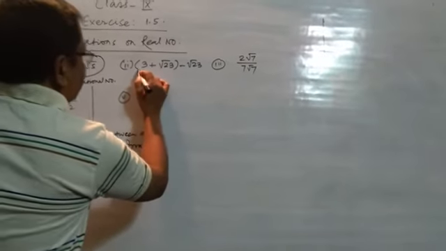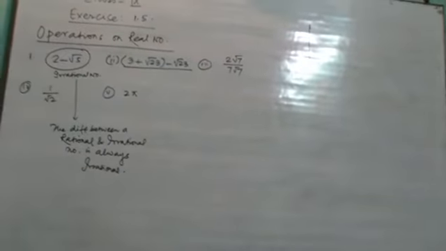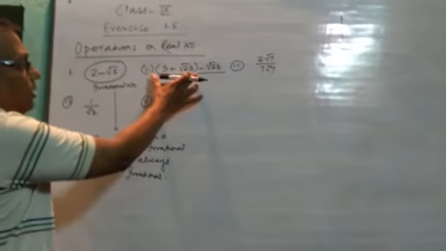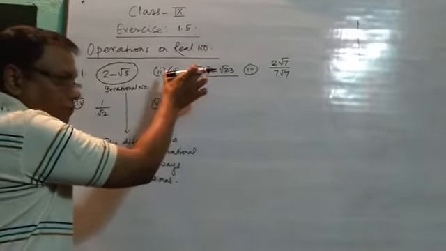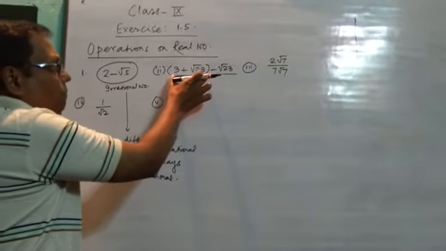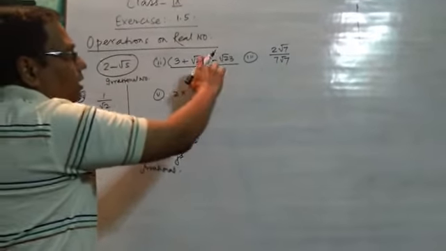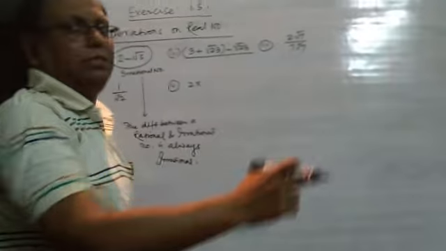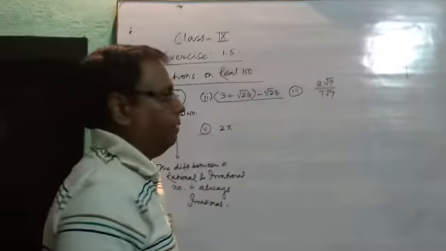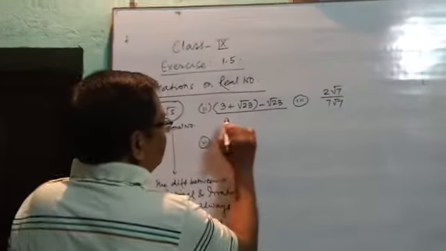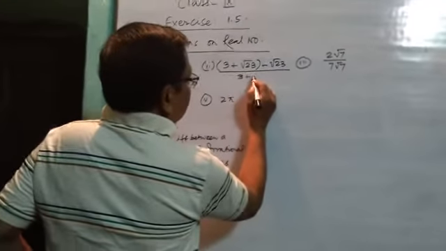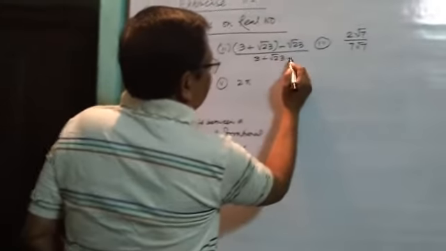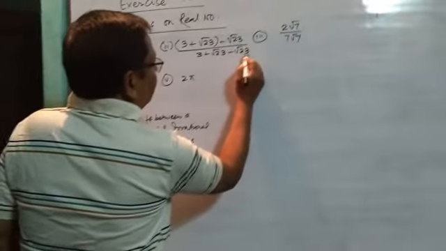Now come to the second question. Again, in this question there are two components. First component is within the bracket, 3 plus root 23, and minus root 23 is the second part. Now whether it is rational or irrational, if you open the bracket, what is happening? 3 plus root 23 minus root 23.